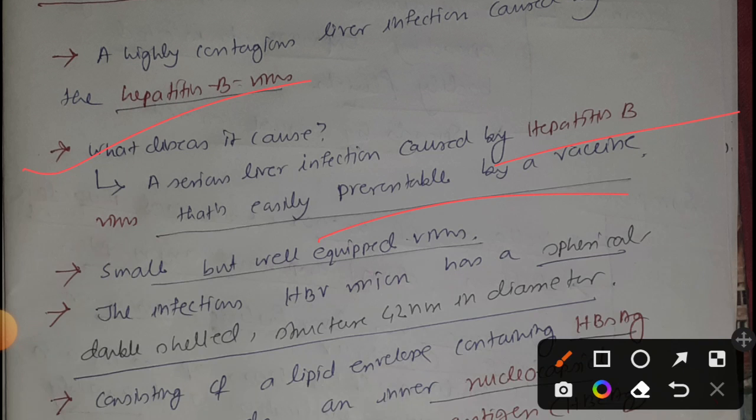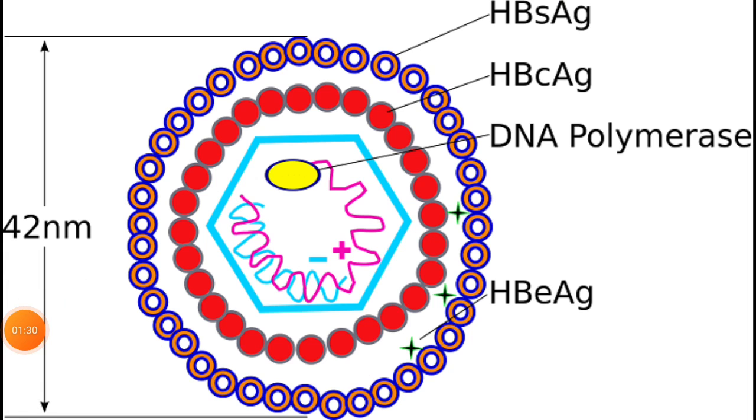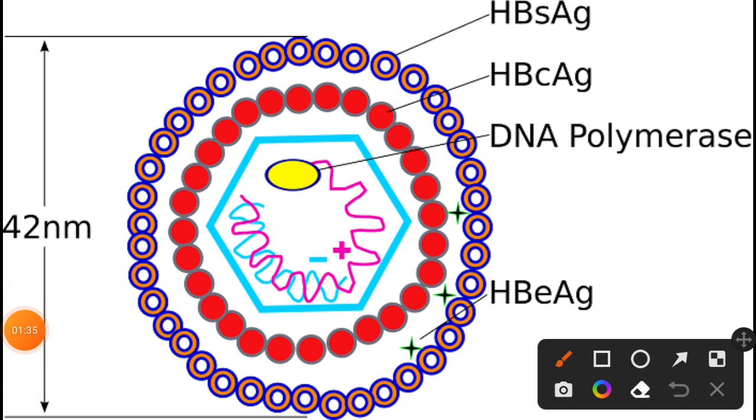Since vaccine development is possible for hepatitis B virus, that means we have some serological markers on the surface of hepatitis B. So this is the structure of hepatitis B virus. As you can see, it is a double layered structure.